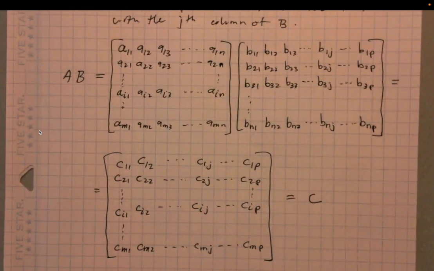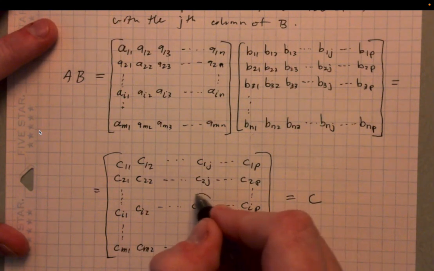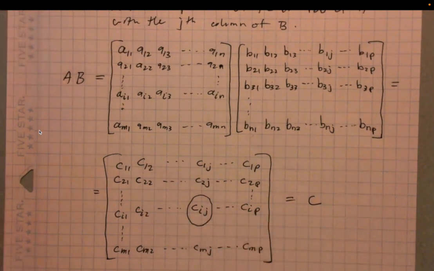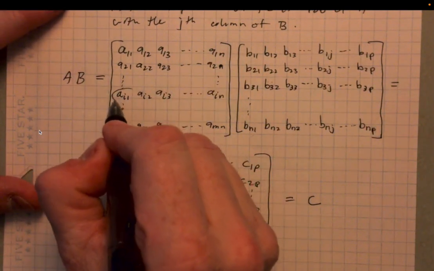So what the previous definition says is that the IJ entry of the new matrix C, so let's circle that, that's this one right here that I've drawn, is the dot product of the ith row of A. So this is A, and I've drawn in the ith row.